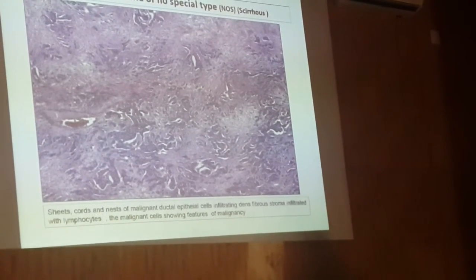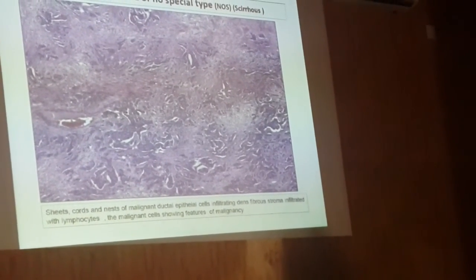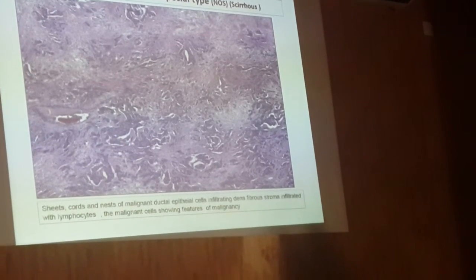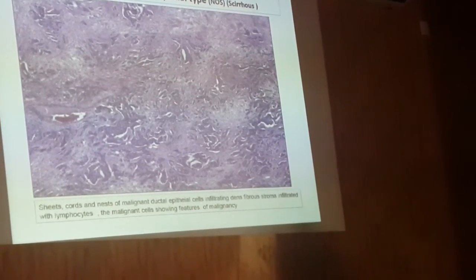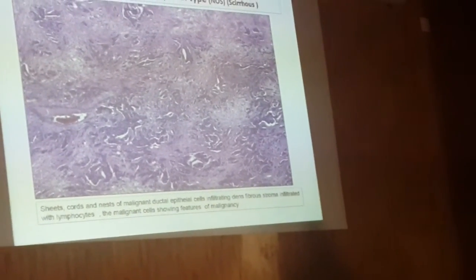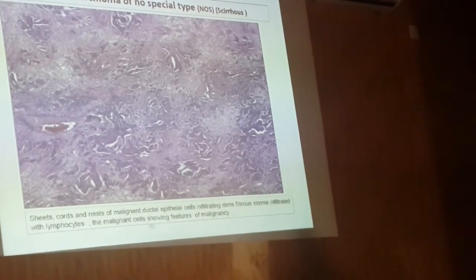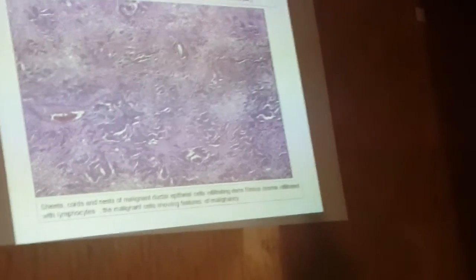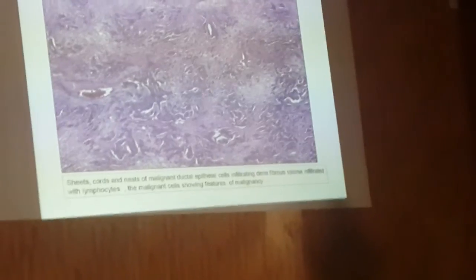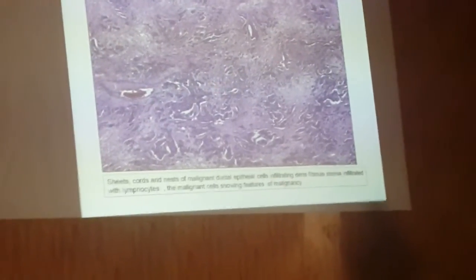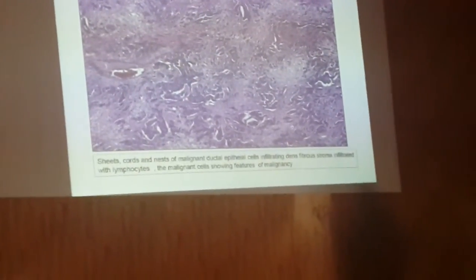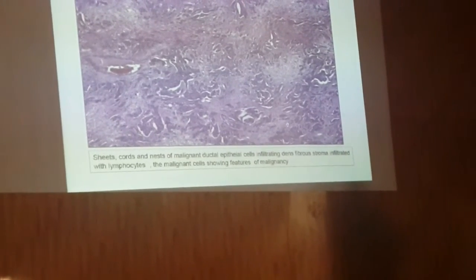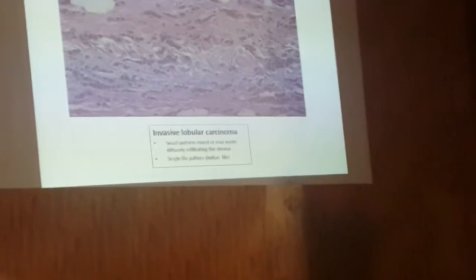Here you find sheets, clusters, cords of cells which infiltrate into the stroma. These are the sheets, cords, nests of malignant epithelial cells, and this is dense fibrous stroma in between. This is a characteristic feature of ductal carcinoma. And you can find some lymphocytes also.